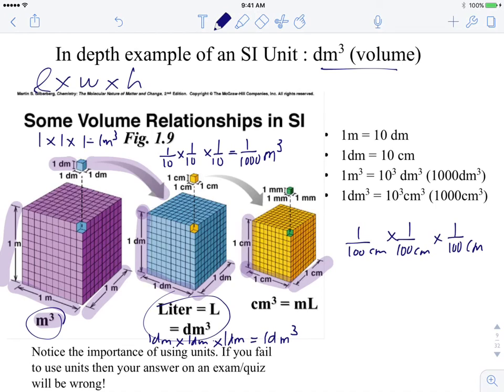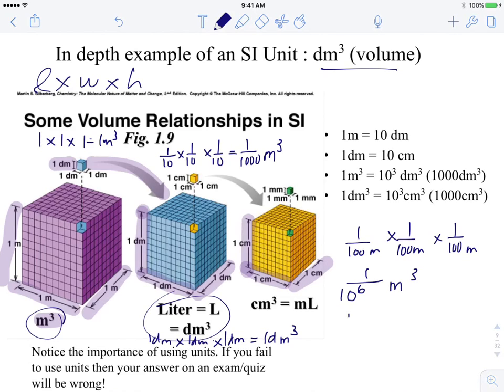And so instead of 1,000, we'll have 1/1,000,000th, 10 to the 6th, of a meter cubed. But this should be 1 meter, just to correct this. 1 meter, 1 meter, 1 meter, not 1 centimeter. So this would be 1/1,000,000th of a meter cubed.